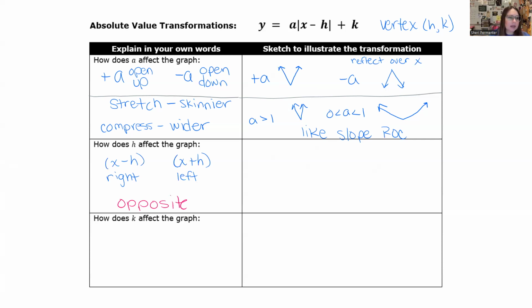So I'm just going to make an X and a Y and show you those graphs. So when you have X minus H, you're going to move over to the right. You go right.